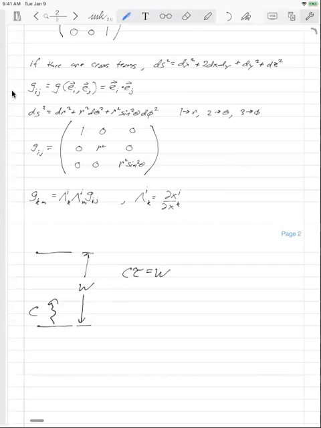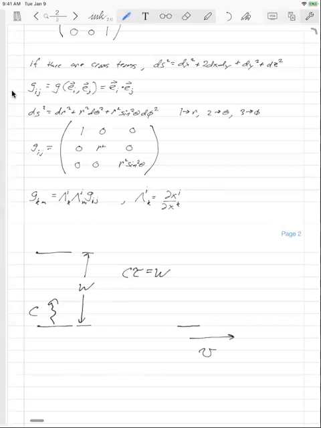Now we're going to boost to another frame that's traveling at velocity v in this direction. So this is from the perspective of someone who is watching the clock moving by.